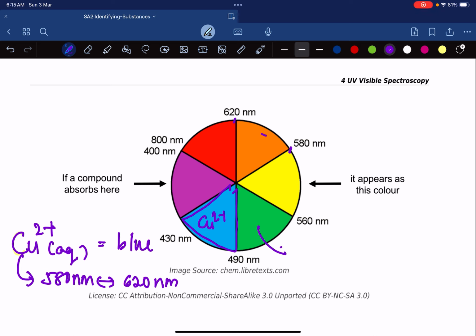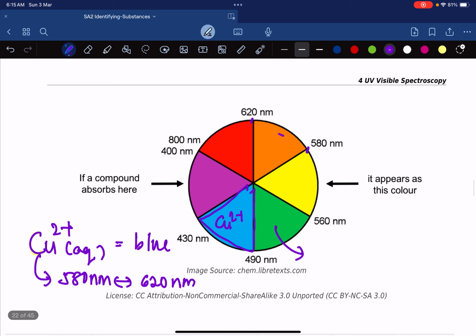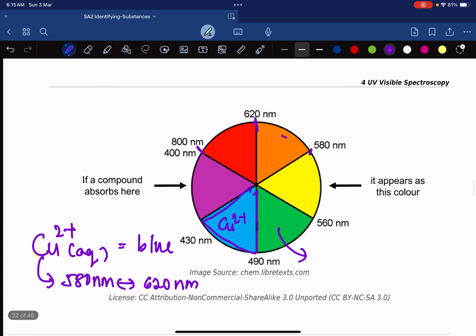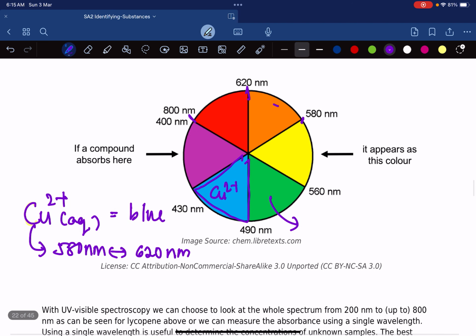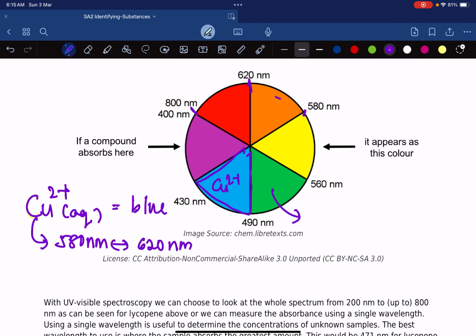The best wavelength for me to use will be the opposite side, which is 620 to 800. If there's something which is yellow, the best wavelength would be anything from 400 to 430. That's basically how it works.